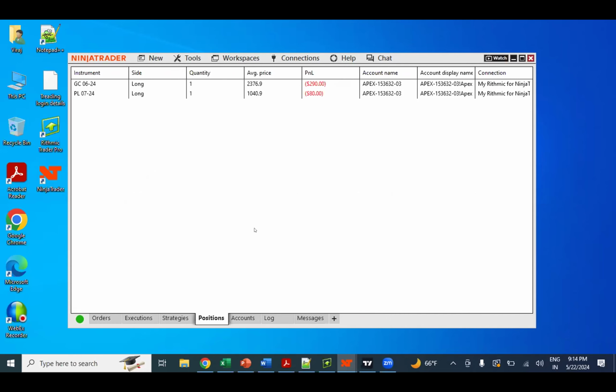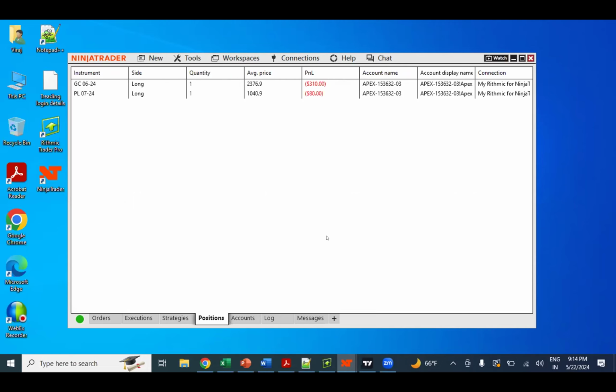Why did you take GC long, platinum long? I didn't. Maybe I selected both. That's why it took them. Okay. Now I selected short, right? So will this close it, or how will it be? Yeah, whenever a new signal opens, it will close this one.